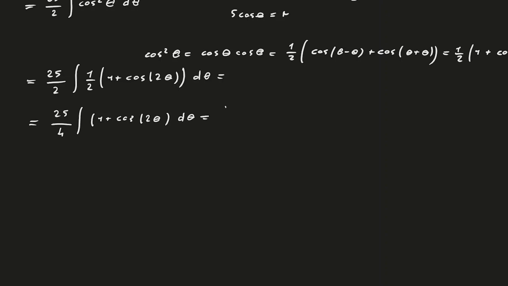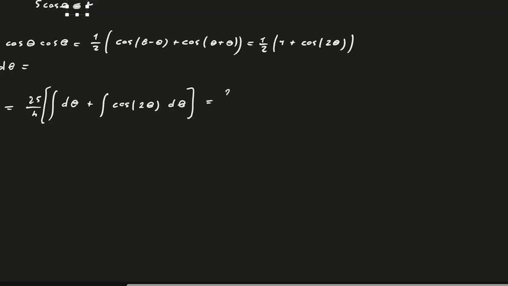We can split this into two integrals: the integral of 1 d theta plus the integral of the cosine of 2 theta d theta.